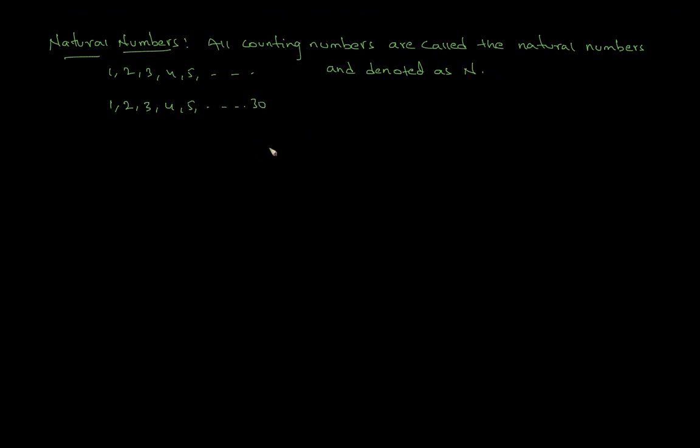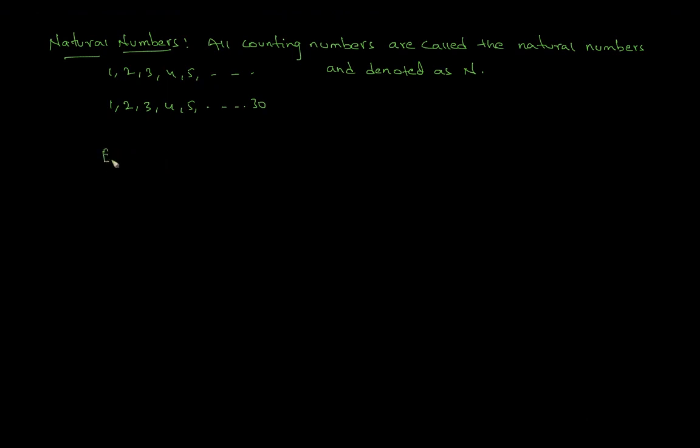If anyone asks to count the number of toys, then what do you say? 1, 2, 3, 4, right? Those numbers are called the natural numbers. You will have infinite natural numbers, right? We see some more numbers from the natural numbers.